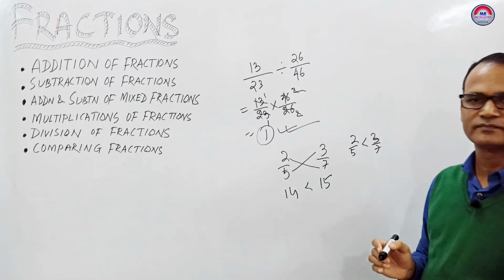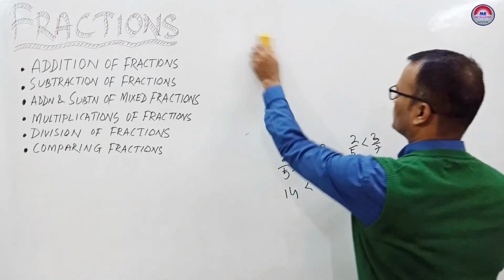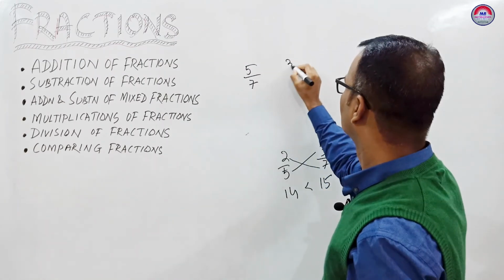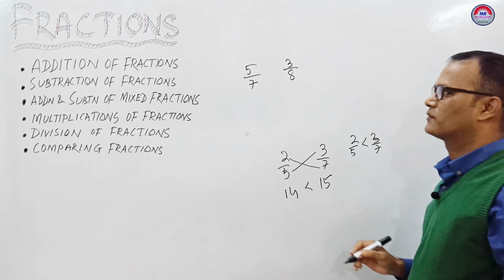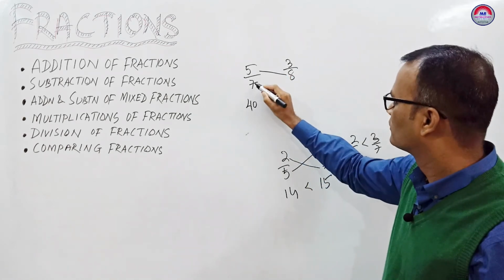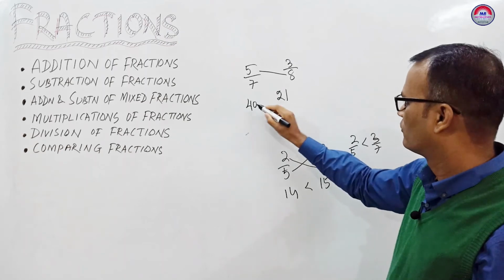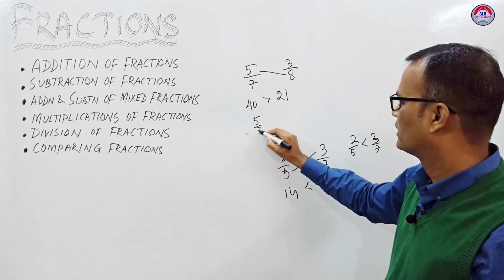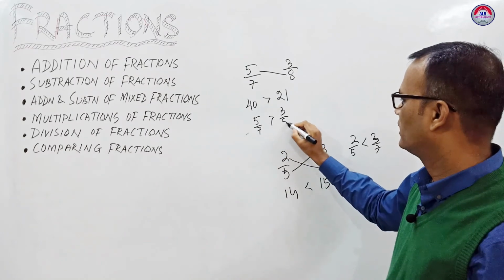Okay. Another question. Suppose 5 by 7 and 3 by 8. You see here. Multiply this one. 5 into 8 is 40. 7 into 3 is 21. 40 is greater than 21. So first, 5 by 7 is greater than 3 by 8.